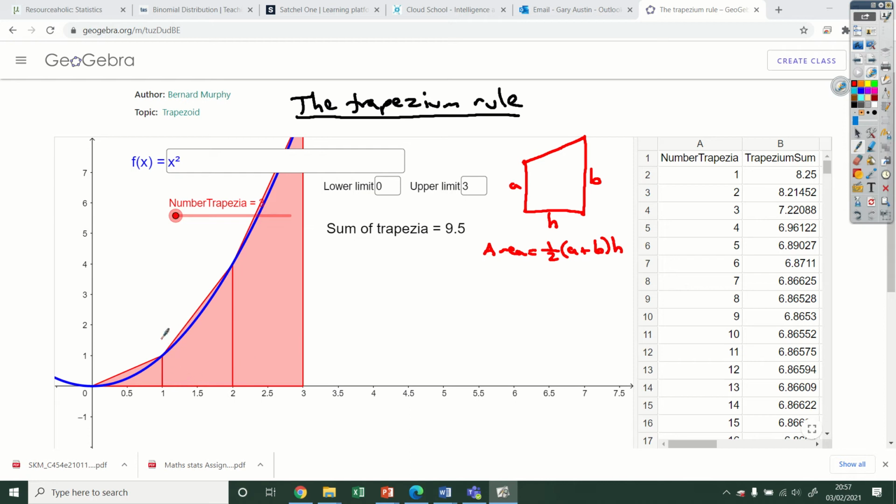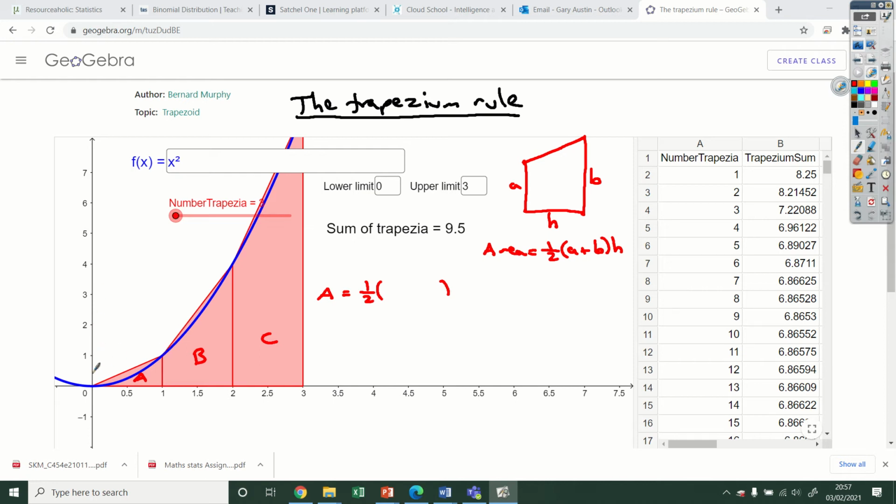So let's label up our 3 trapezia. Even though this first one is actually a triangle, we can still consider it to be a trapezium if we think about A being 0. So A, B, C. And then separately, let's do these areas. Area A is going to be a half, and then the parallel sides, you'll notice, are at 0 and 1.